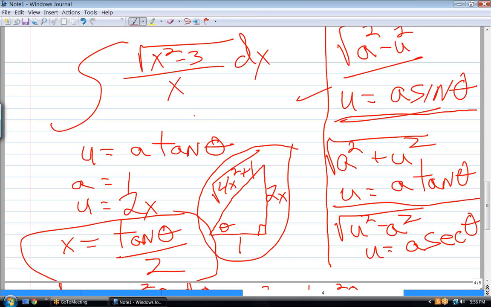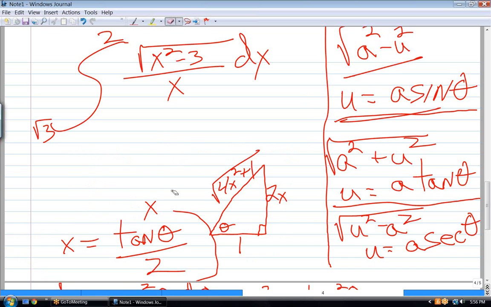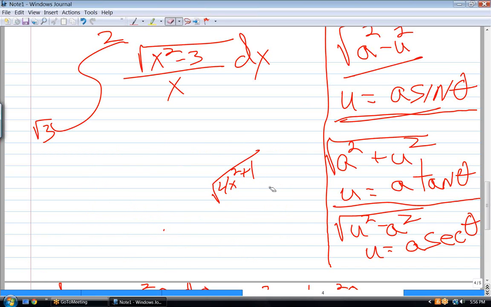If I wanted to integrate this, and if I want to go from square root of 3 to 2, okay, so on the right, which form are we looking at, dealing with? The third one. Okay, so we're going to start this problem off by letting u equal a secant of theta.